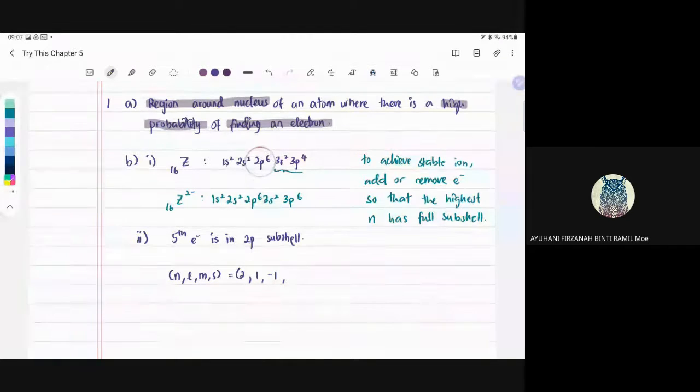And then, elektron pula, kalau kita tengok dekat sini, elektron dia dah penuh semua. So sama ada positif half ataupun negatif half pun boleh bagi mana-mana. So saya bagi negatif half.